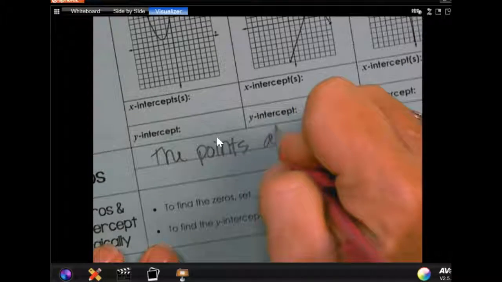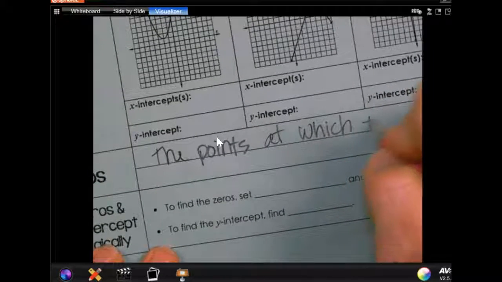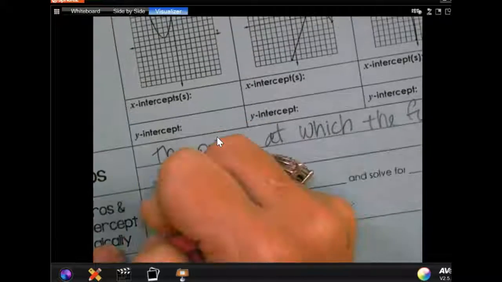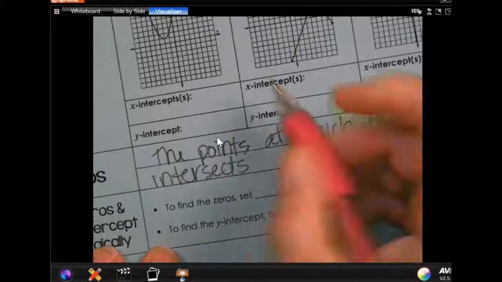The points at which the function intersects the x-axis.